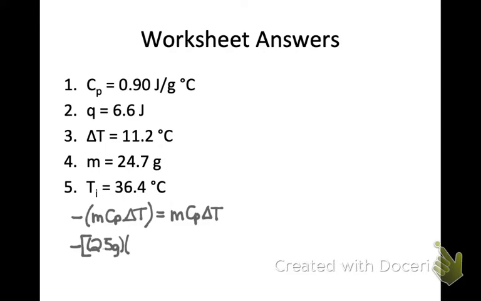The C sub P of the metal is 0.390. And again, I'm not using units right now, just to save time and space. I know what the final temperature is, but I do not know what the initial temperature is, so I'm just going to plug in Ti.